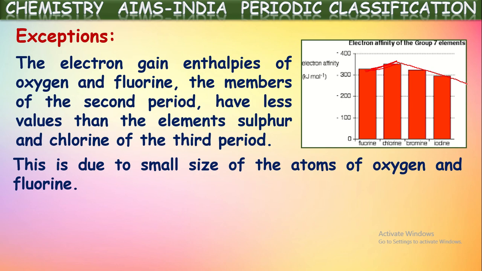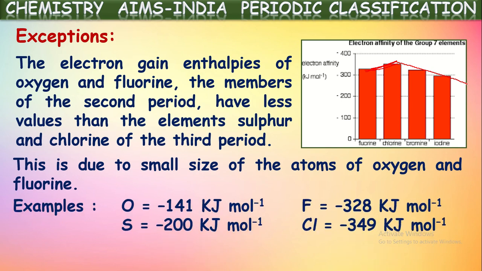That's why their electron affinity values are somewhat less than expected. Why? Because a certain amount of energy is utilized by those atoms to overcome the repulsions between the electrons. That is why they emit a certain less amount of energy than expected. That's why these elements are having less electron affinity than the next element in that group.